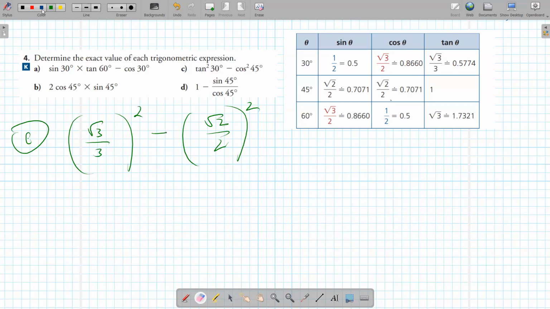What's root 3 over 3 squared? This squared is going to apply to both of those guys.